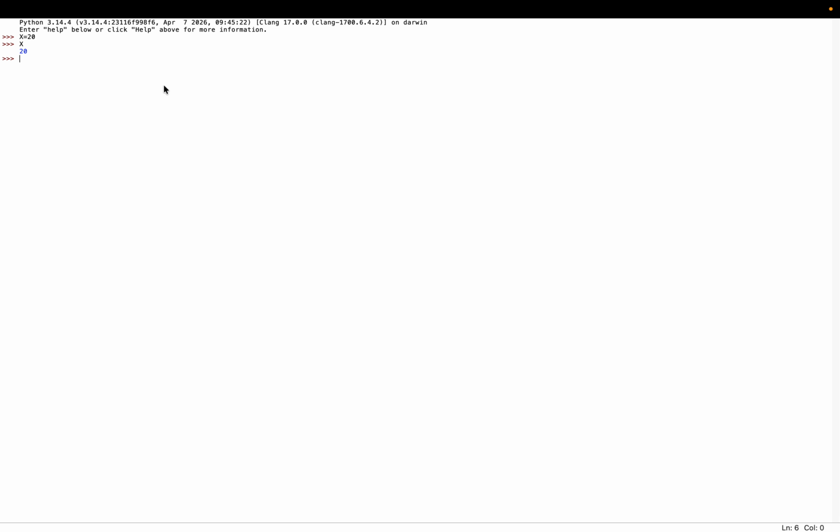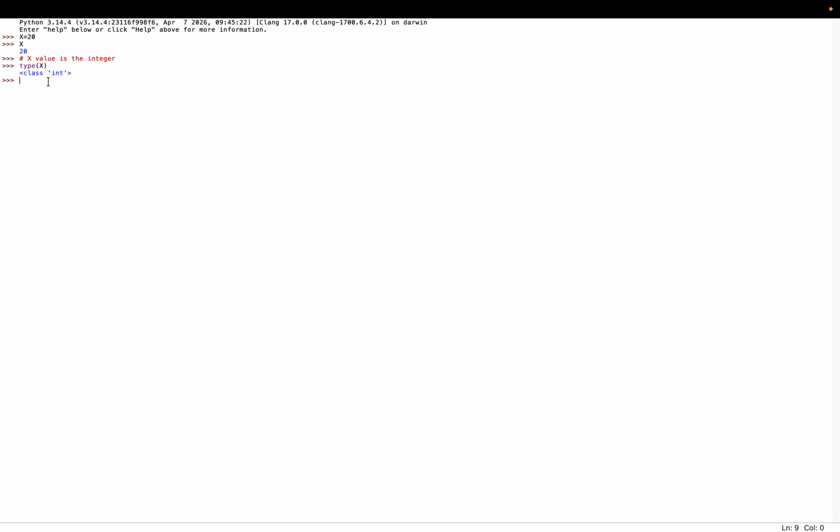Number, integer. So x is an integer. You are sure about that? But suppose we write type and we write x and we just enter. What is this one now? We are getting the integer. The class, the data type we are using now, is integer.